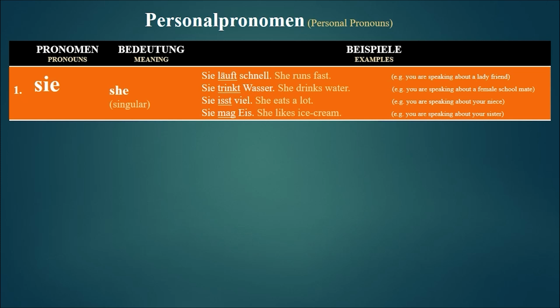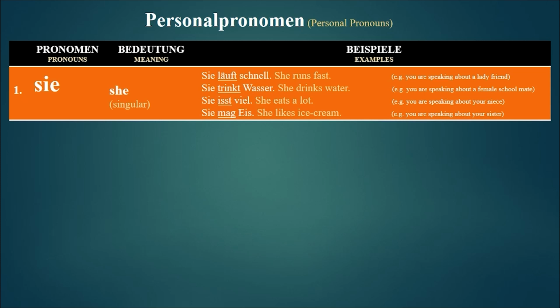Another example, sie isst viel. She eats a lot. You are speaking to your niece, for instance, you use she, that is sie. And the last example, sie mag Eis. She likes ice cream. For instance, you're speaking to or about your sister, so we use this sie.